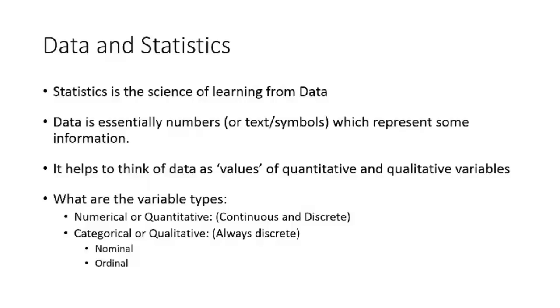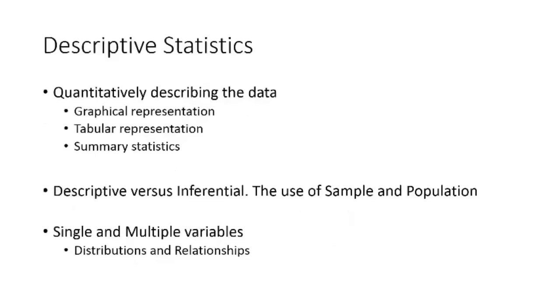So that's just to give you a very quick idea about the different variable types. Now let's jump into descriptive statistics. Descriptive statistics is the idea of quantitatively describing data, and you can do that through various means.